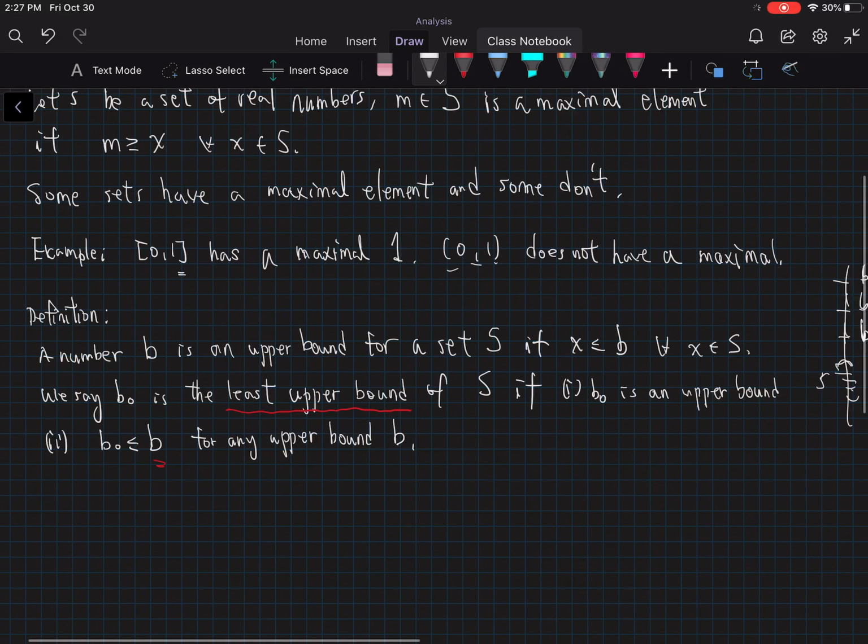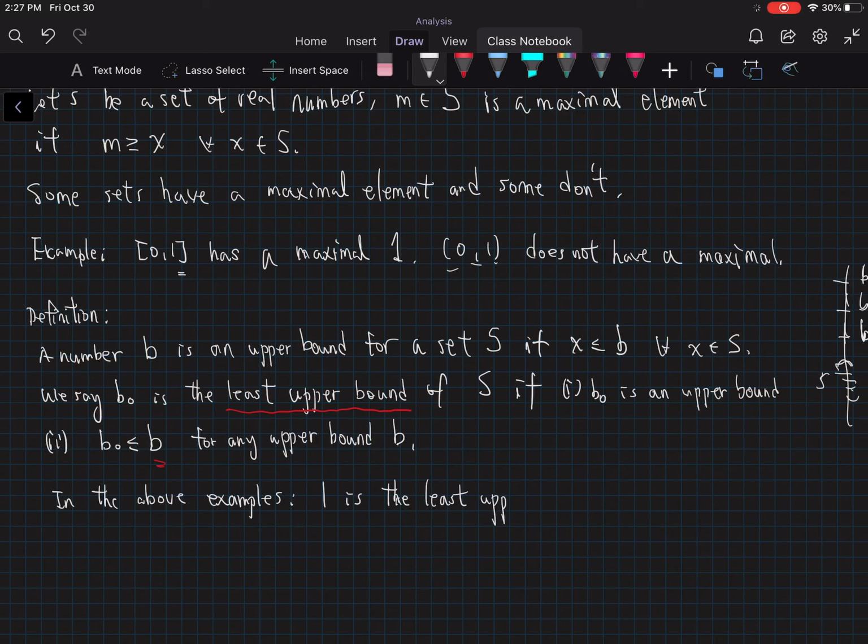So in the above example, 1 is the least upper bound for both the closed interval [0, 1] and the open interval (0, 1).